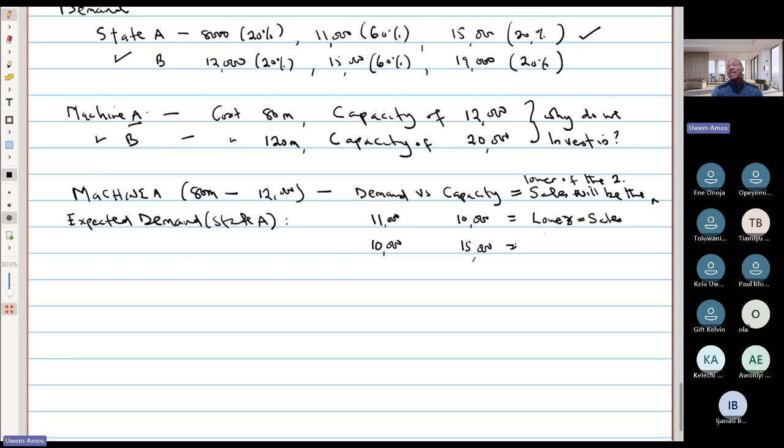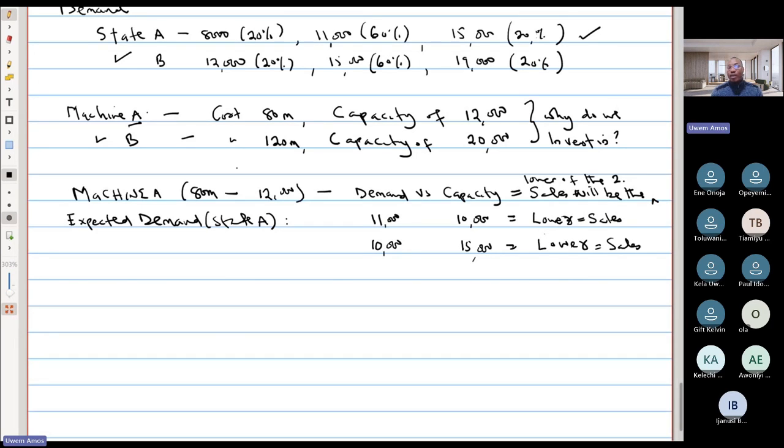If you produce the entire 15,000, you can't sell the 15,000, because your demand is only 10,000. So that is what you can sell, because that is what is demanded. You can see that it's also the lower one that equals sales.